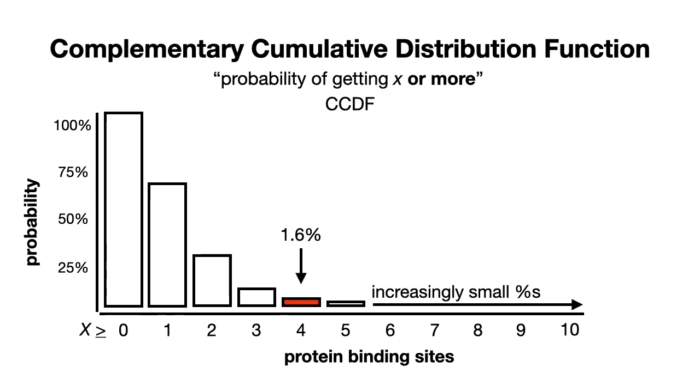It is always increasing until it reaches 100%. Its complement, the complementary CDF, reflects the probability of X or greater and is always decreasing, approaching 0%. And as you see here, that 1.6% probability of observing at least 4 protein binding sites is reflected right on this plot.